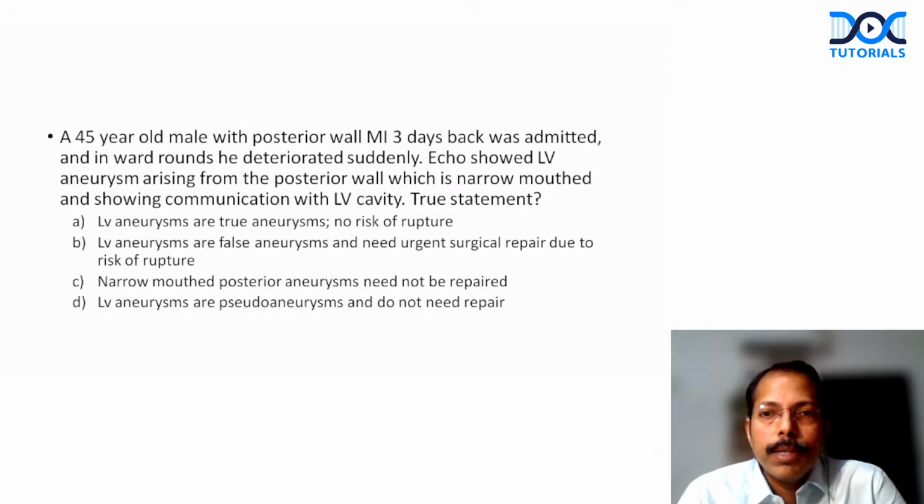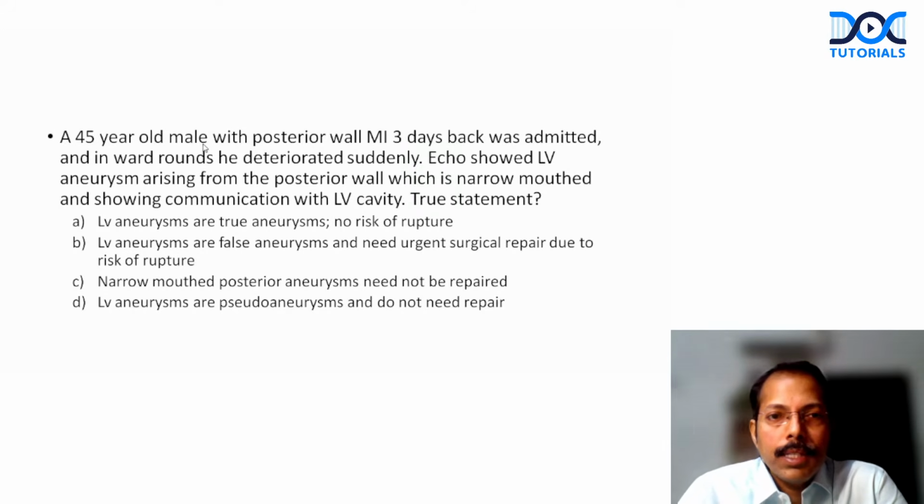Again, scenario-based, echo-based. Among the options, read all the options: LV aneurysms are true aneurysms, no risk of rupture. LV aneurysms are false aneurysms and need urgent surgical repair. Narrow-mouthed posterior aneurysms need not be repaired. LV aneurysms are pseudoaneurysms and do not need repair. So what could be the right answer?